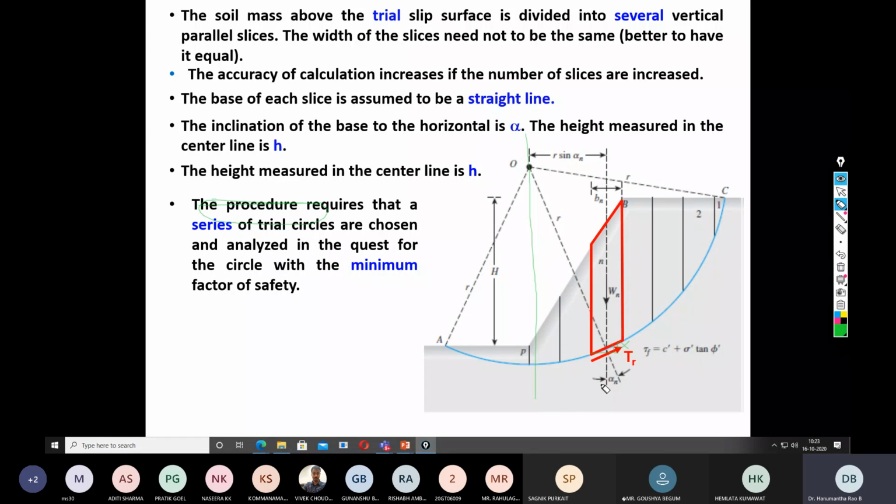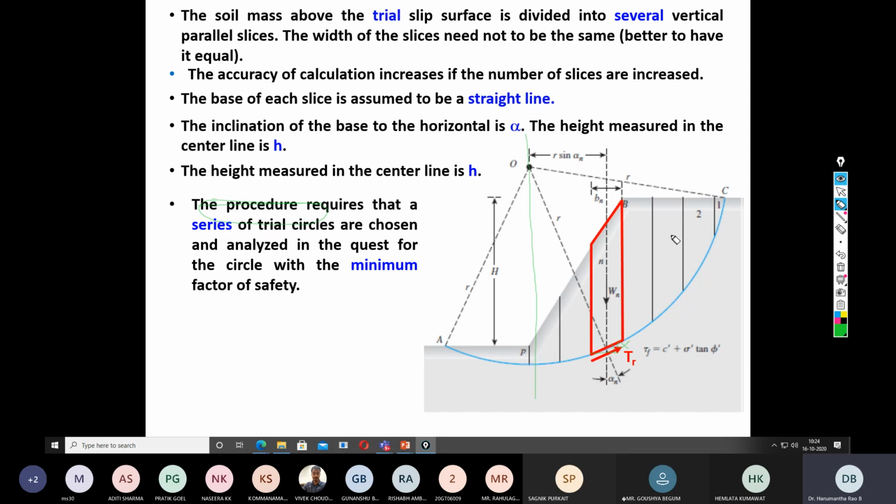Now you also try to understand that the value of alpha does not remain constant. It also varies, and its sign also varies. On one side it is positive, on the other side it is negative. Accordingly, some slices act against the slope, causing slope instability, while other slices act in the opposite sense, meaning they cause stabilization.